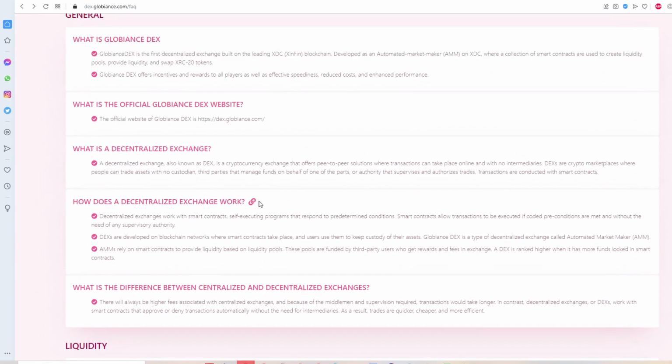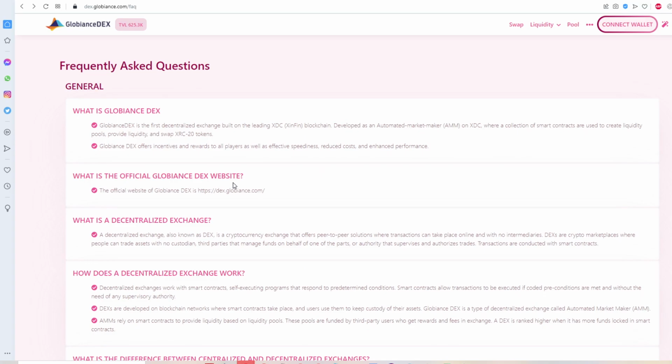So let's just start with a decentralized exchange. What is it? A DEX is a decentralized exchange, meaning you are trading from your own wallet, so you hold your own keys. That's a huge difference to trading on a centralized exchange. If you trade, let's say on Binance, then whatever crypto you have on your Binance account is not yours. You don't own it. You could not access this.